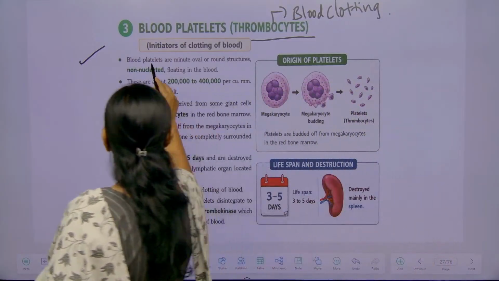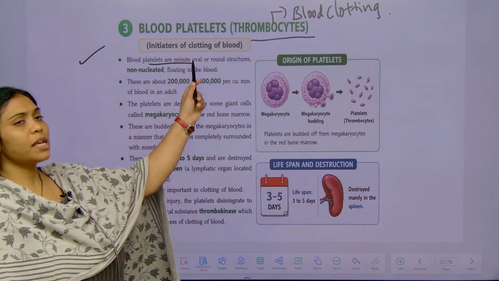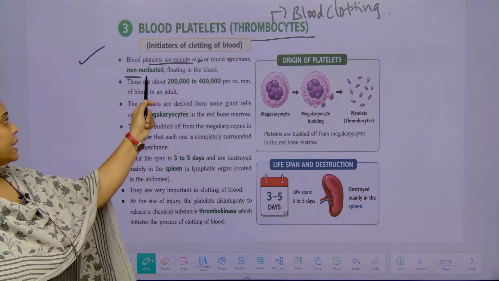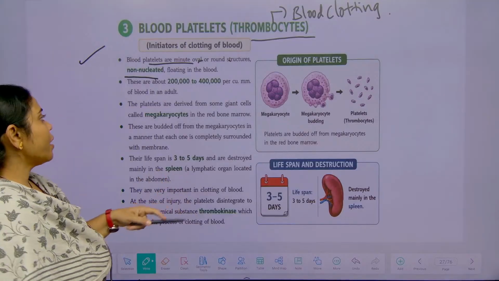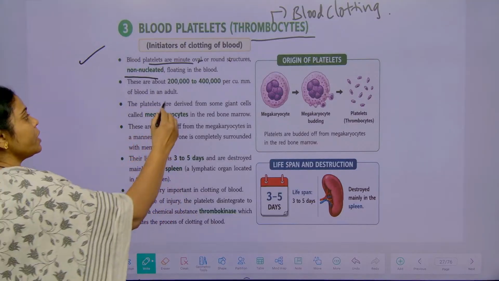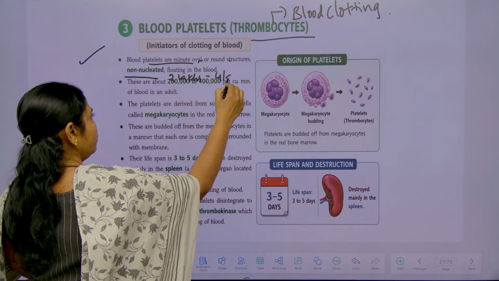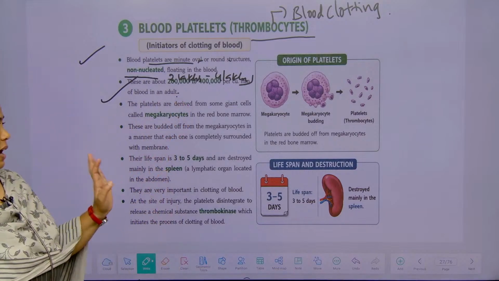What is the shape of the blood platelets? Some may be oval, some may be round, and these are also non-nucleated like the RBC. And what is their number? 2 lakhs to 4 lakhs in a healthy adult.